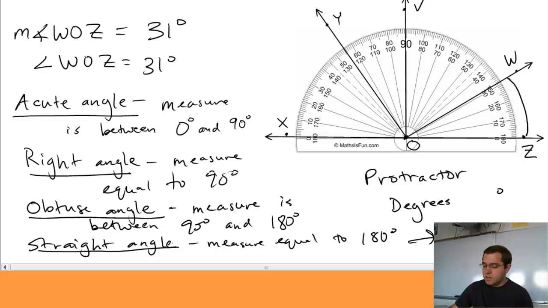Angle VOZ is a right angle. Angle YOZ would be an obtuse angle because its measure looks like, so this is 55. Then its measure is 180 minus 55, which is 125. So that's between 90 and 180.